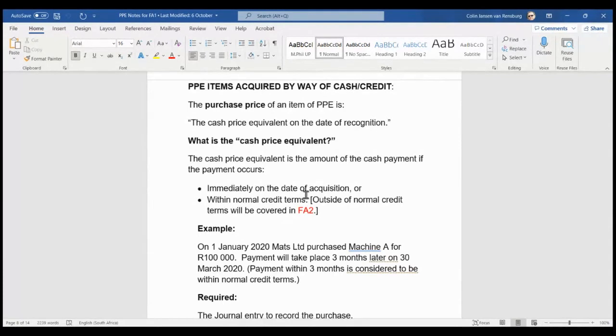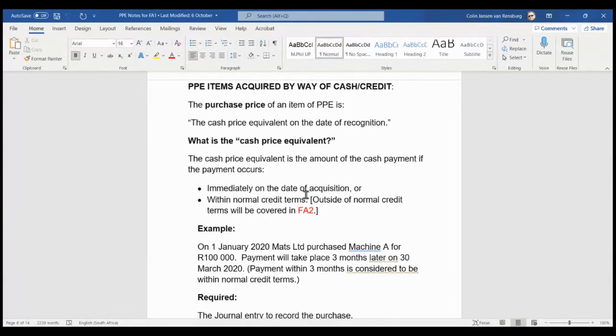So let us start with the purchase price, ladies and gentlemen. The purchase price is defined as the cash price equivalent on the date of recognition. So really, if you want to, I suggest you make a note here, ladies and gentlemen. Once again, you make your own little notes on the side here. So the purchase price, in effect, is what you are going to pay for that item, right?